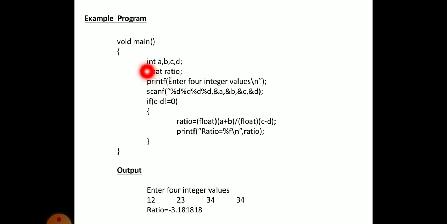So int and float are data types, and float specifies that the following variable is a real number. So float ratio means ratio is a variable belonging to the data type float. Both statements are terminated with a semicolon, as we know after declaring variables we have to terminate the statement with a semicolon.